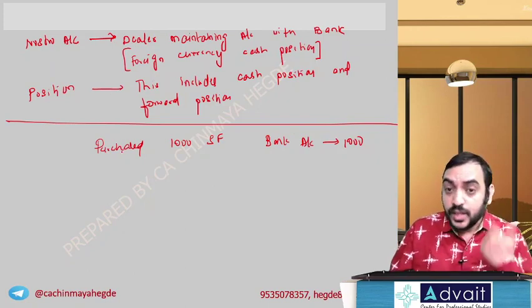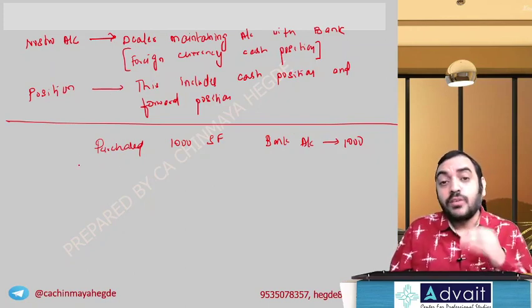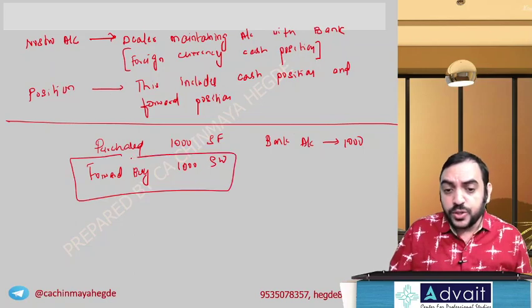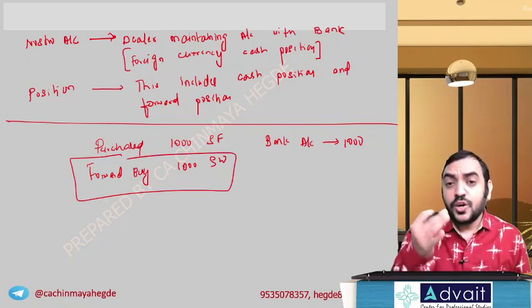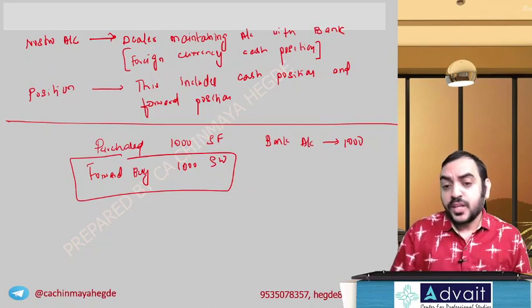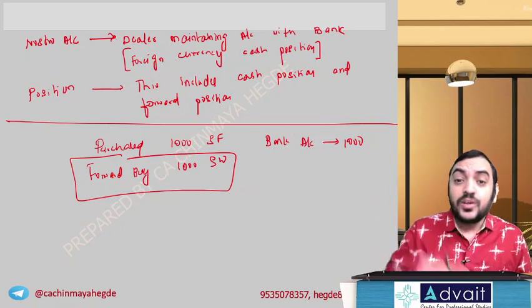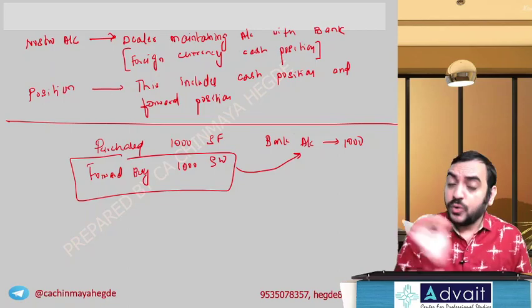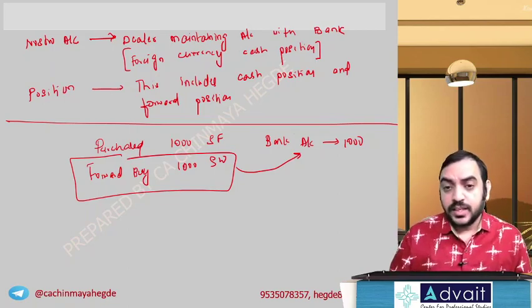This is one situation. Now think of entering into a contract to forward buy another 1000 Swiss francs. Will this 1000 come to you as cash today? This is a forward buy transaction. A dealer gets it only when he executes the contract. So this 1000 Swiss francs will not be added to the bank account immediately, but he has to maintain a record for this.